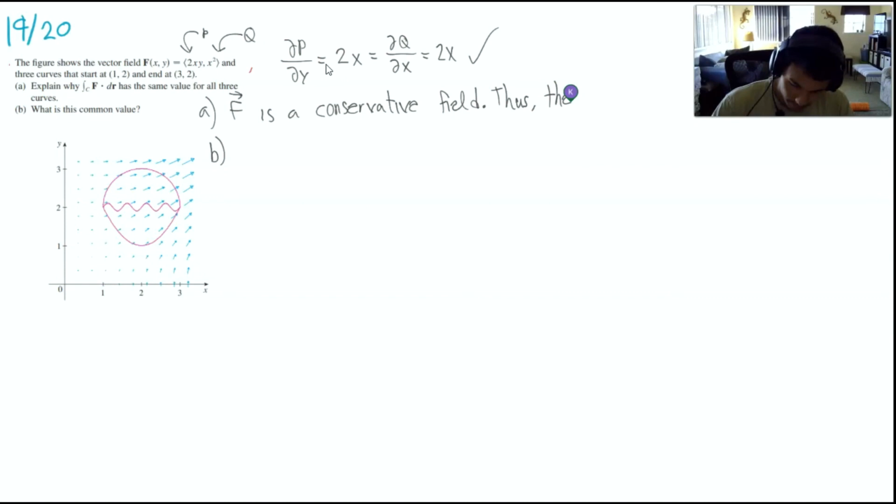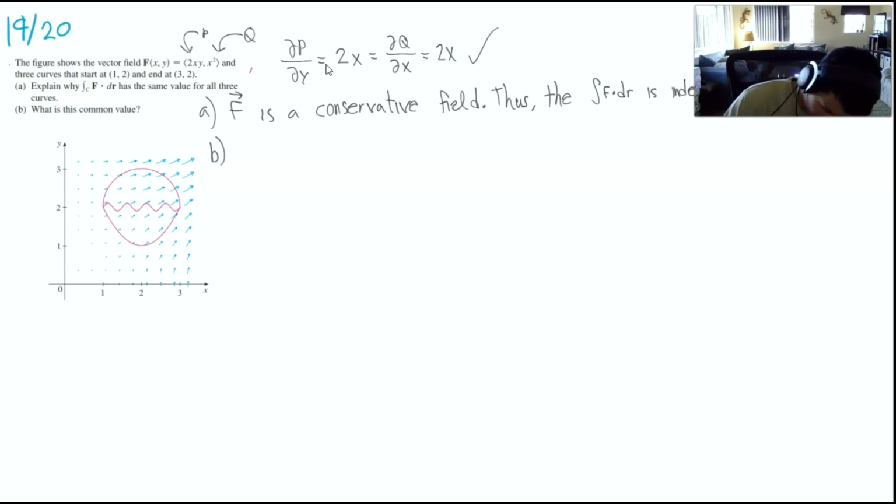Thus, F dot dr is independent of the path. God, writing's looking ugly.